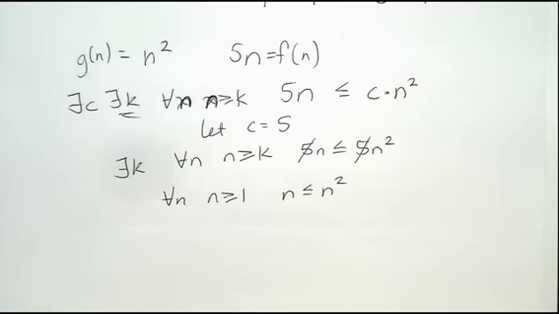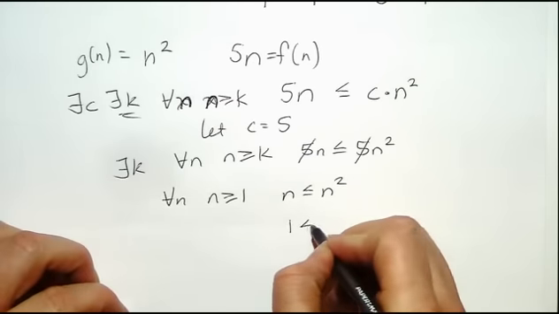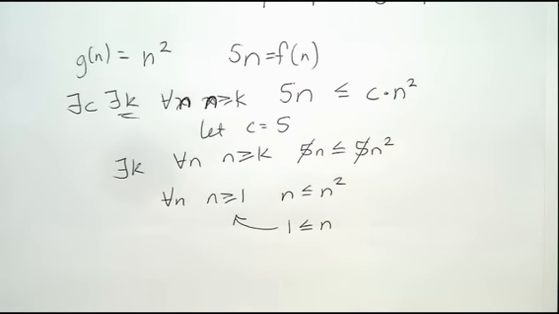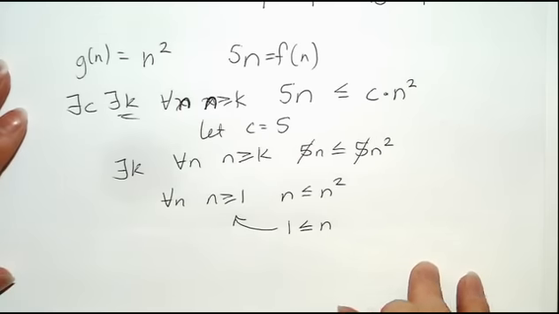Because I can divide both sides by n and get 1 less or equal to n. And that's the same equation as that. So therefore, this is true. So all I did was divide both sides by n. And now I've shown that 5n is in the big O of n squared.